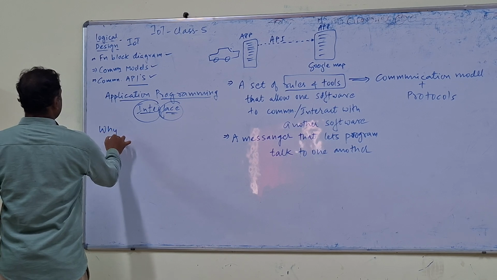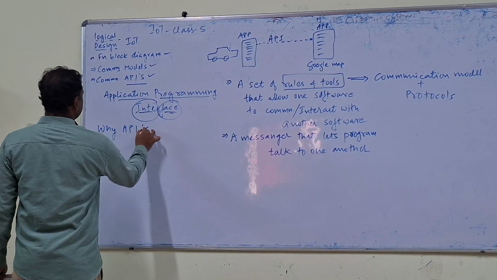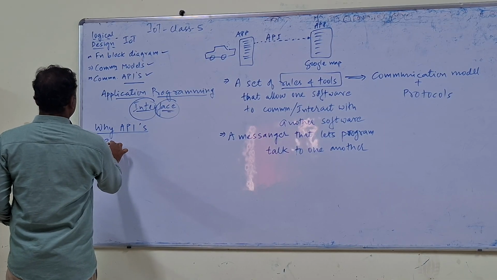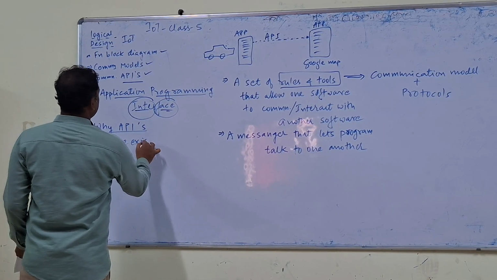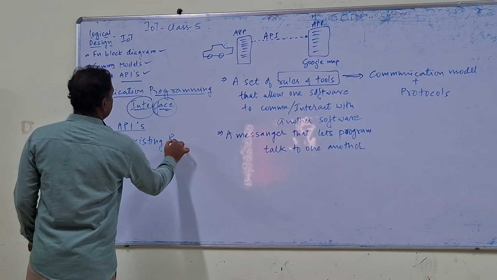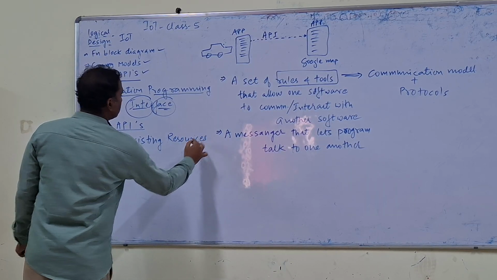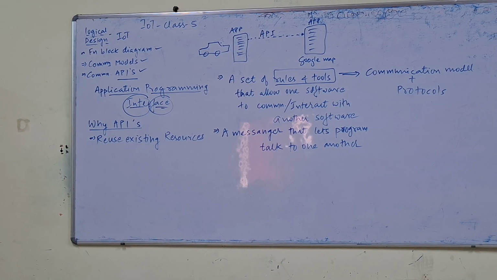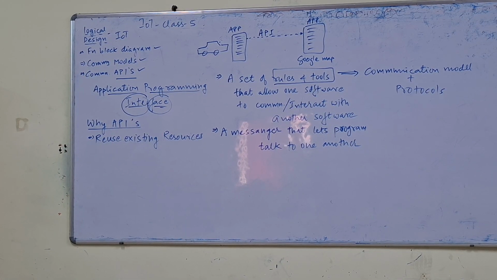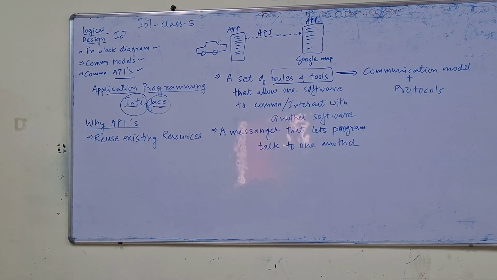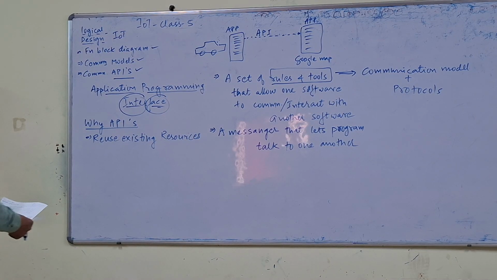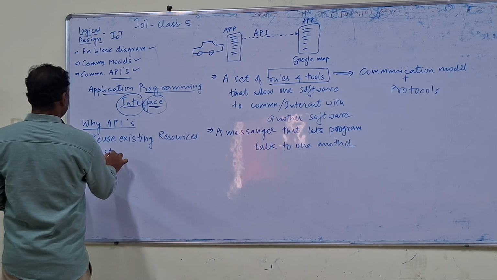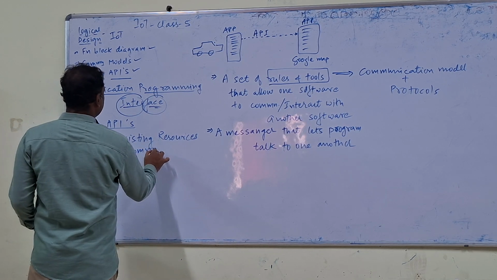Why APIs? What is the requirement for APIs? Reuse existing resources. Google Maps is already available. Why do you need to design another one? It already exists, so use the same. Faster communication.